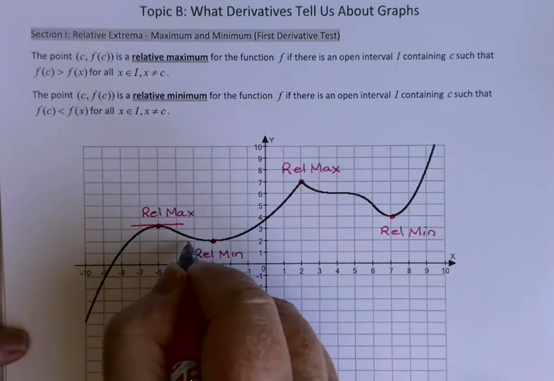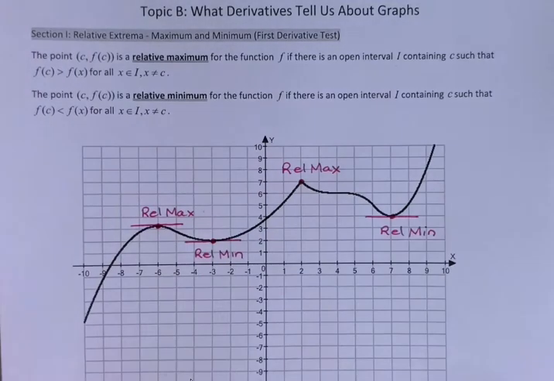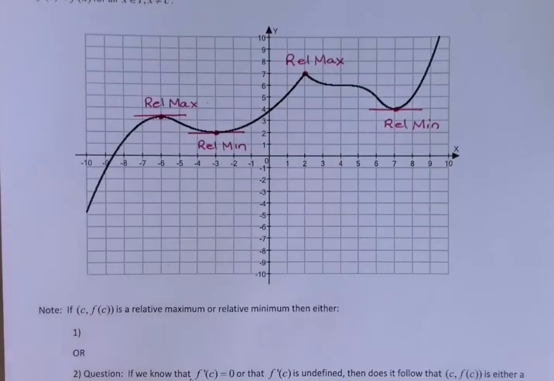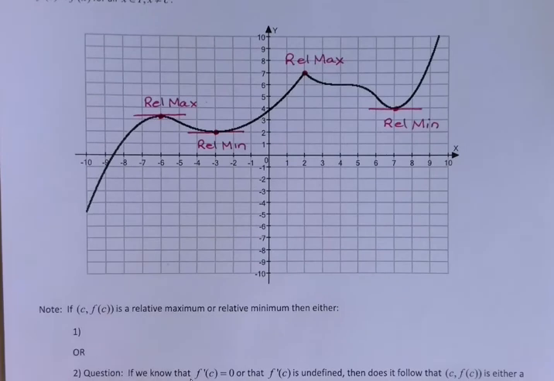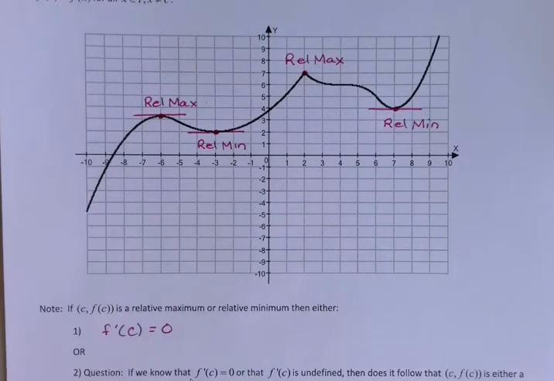There would be horizontal tangent lines at all 3 of those points, right? So with a horizontal tangent line, the slope and therefore the derivative would be 0. So, if the point C, f of c, is a relative maximum or relative minimum, then one possibility is that f prime of c is equal to 0.